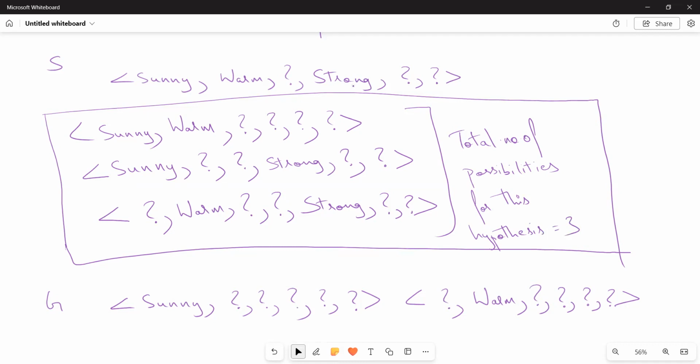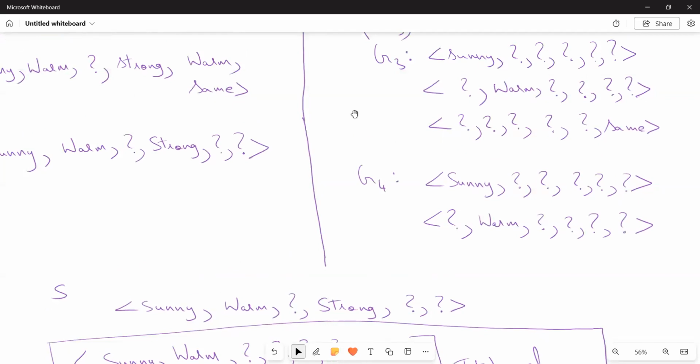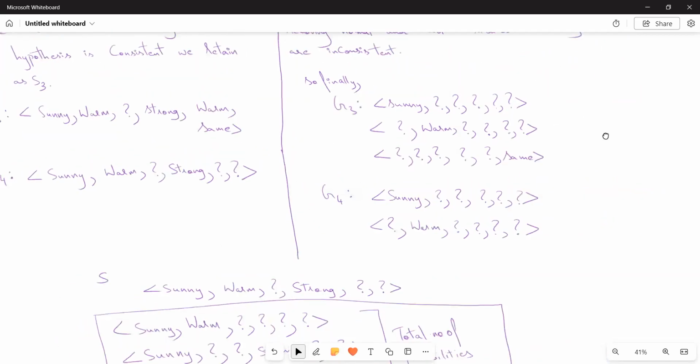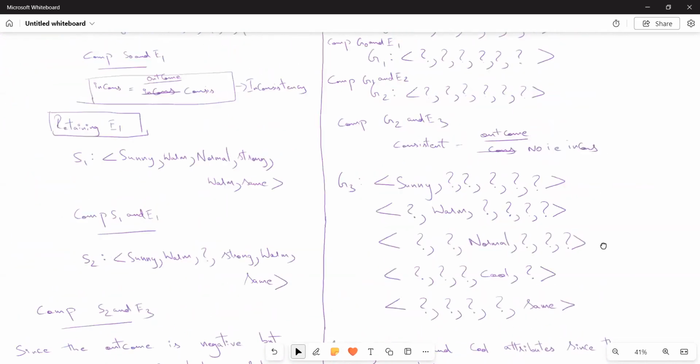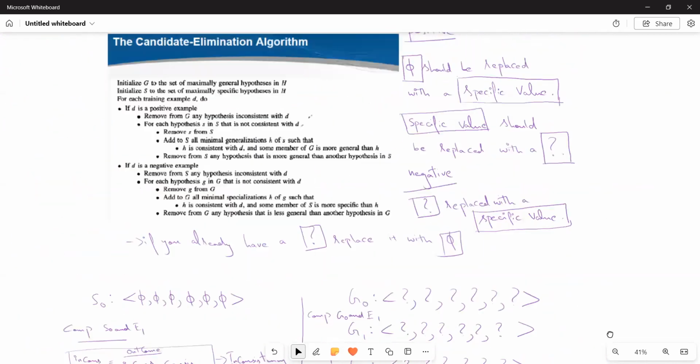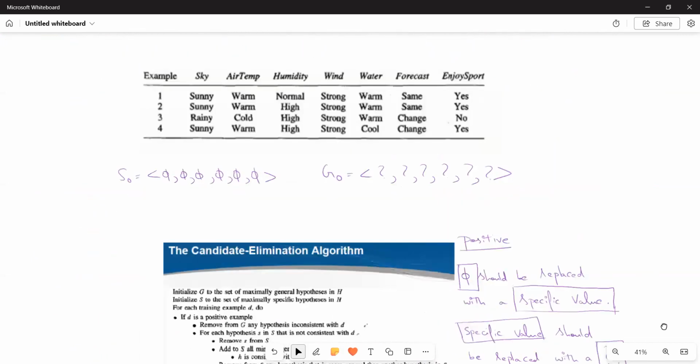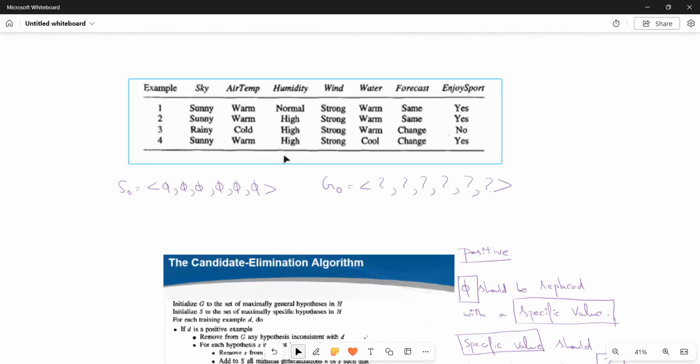I will once again tell you what we have done. Before you begin solving this problem, try to remember the algorithm and the steps. When a problem asks you to solve it using the candidate elimination algorithm, the first thing to remember is that you have two things, the specific and generic boundary.